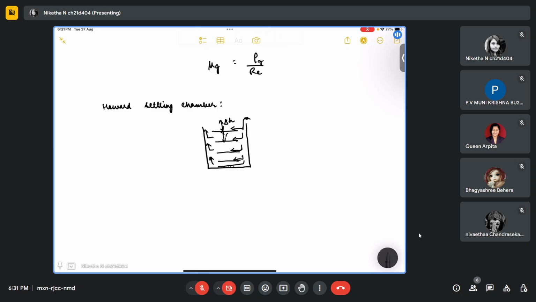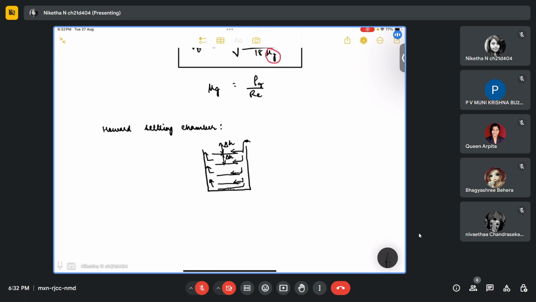So the interval between the plates is del h. Heavier particles will come to the bottom, and those which are slightly finer will settle at the top, so that they don't have to travel the entire distance.